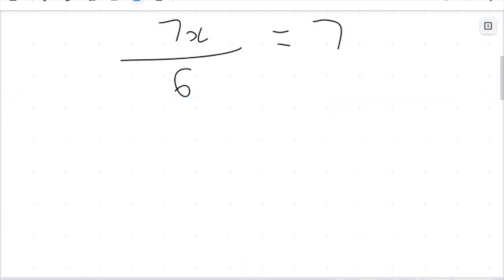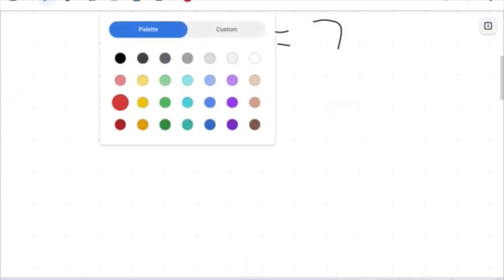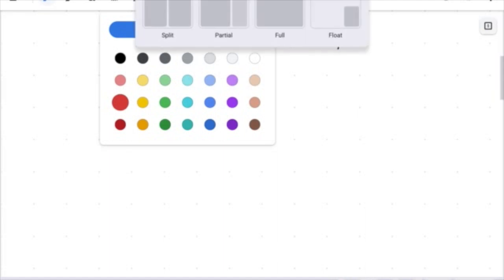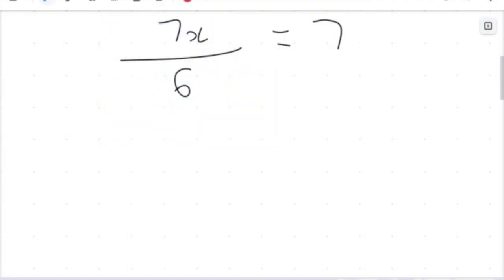So now what we want to do is, I'm going to work through this quicker because by now I'm sure everyone knows the basics of solving equations. I want to do the opposite here. So I have 7 timesing by x dividing by 6. So I'm going to multiply 6 to both sides to figure out what 7x was before getting divided by 6.